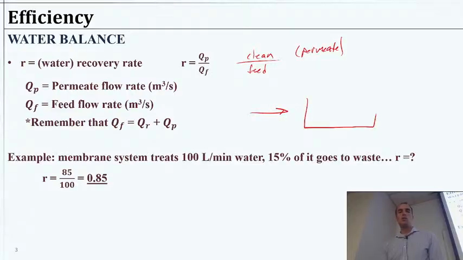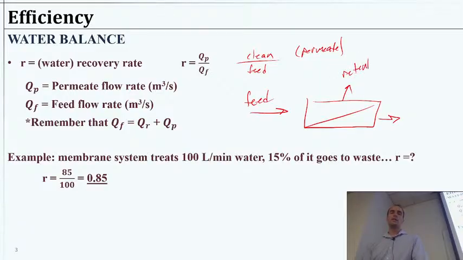Again, we can draw a generic membrane system, something like this, where we'd have 3 arrows: a feed, a rejected stream or retentate, which did not make it across that line, and a permeate. Each one can have a Q associated with it, and we're not losing or creating any water otherwise.